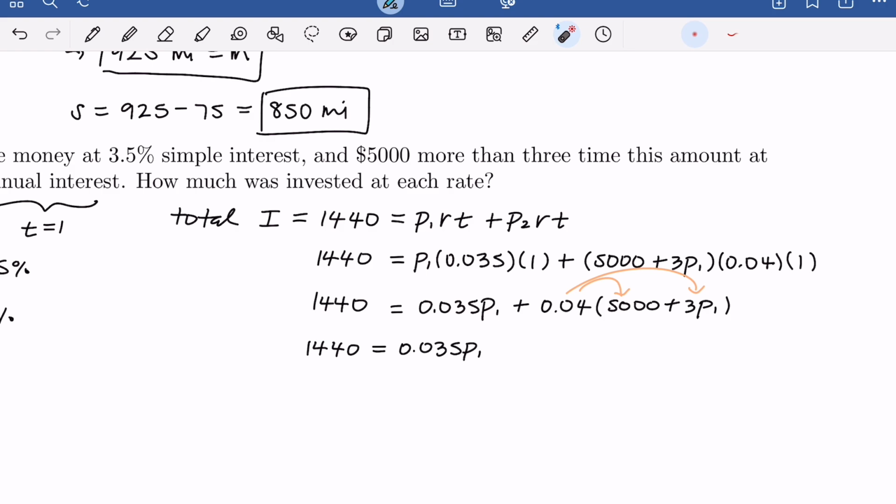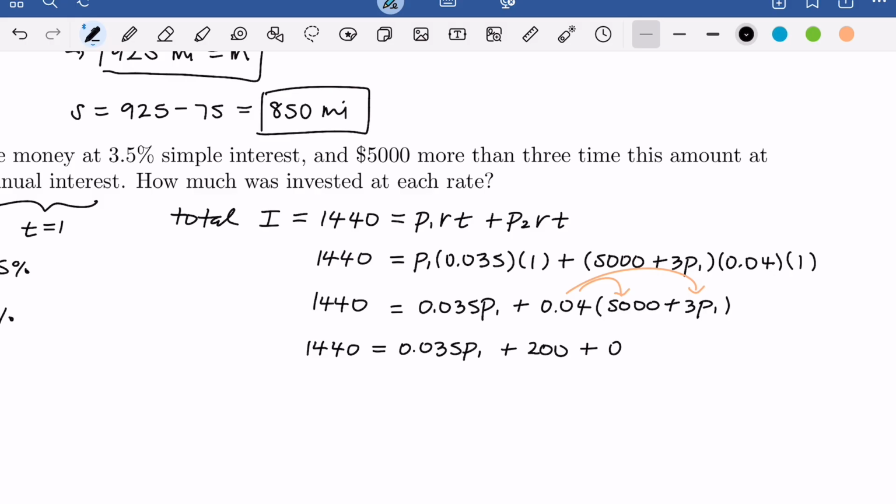Either way, as long as you're doing the math correctly, you should end up with the right answer. Okay, so with that being said, we're going to multiply 0.04 by this 5,000. Doing that, we're going to get 200. And then we're going to multiply this 0.04 by this 3 times P1.